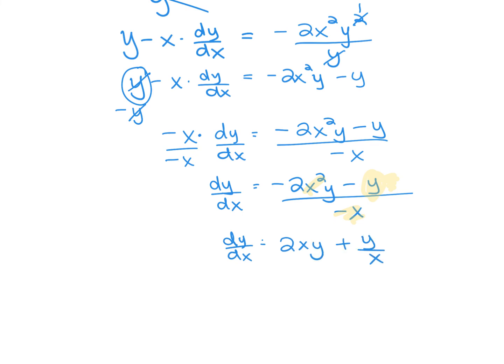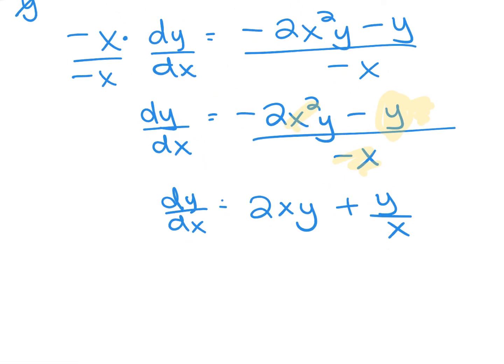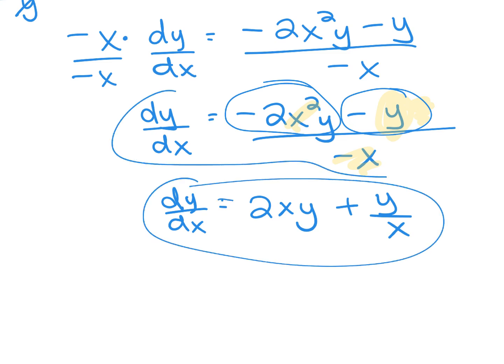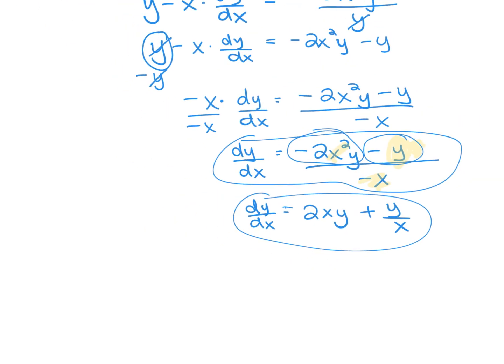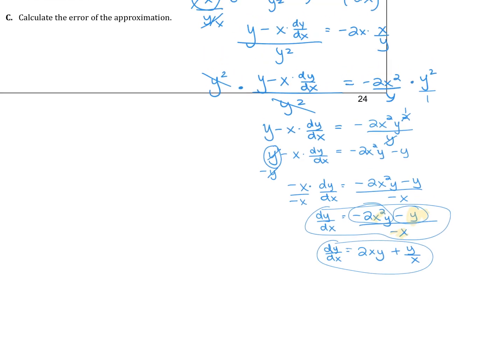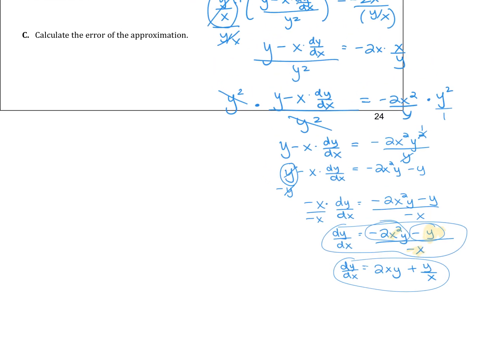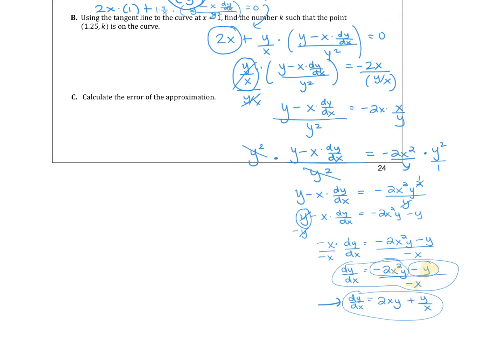If you wanted to simplify, if you wanted to break up the fractions, you could divide this term by negative x and divide this term by negative x. Both terms on top are negative. The denominator is negative, so those negatives would actually cancel out. So you could write it like this, or you could write it like this. Either of those are the same thing. Okay, so we have our derivative. I think I'm going to use this one when I evaluate.